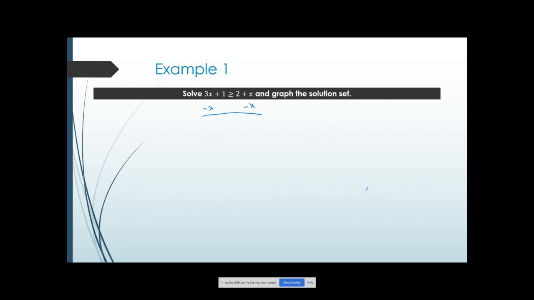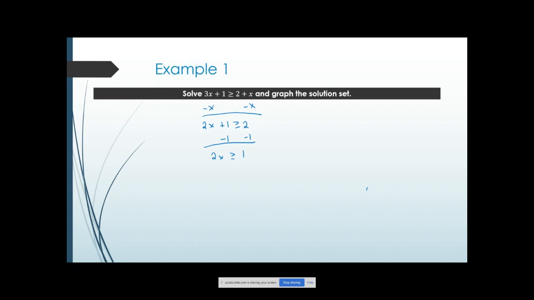So 3x minus x is 2x. So I have 2x plus 1 is greater than or equal to 2. And now I'm going to subtract the 1 to get that on the right. So minus 1 on both sides. I get 2x is greater than or equal to 1.